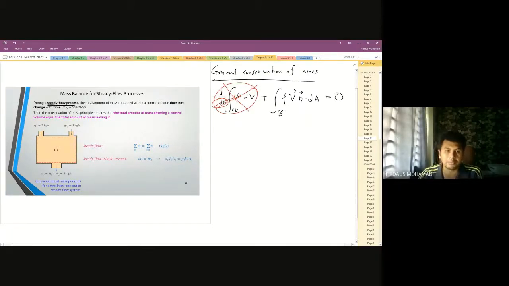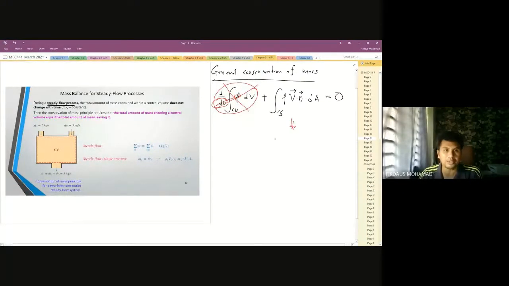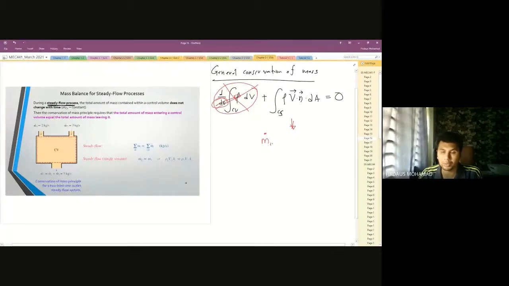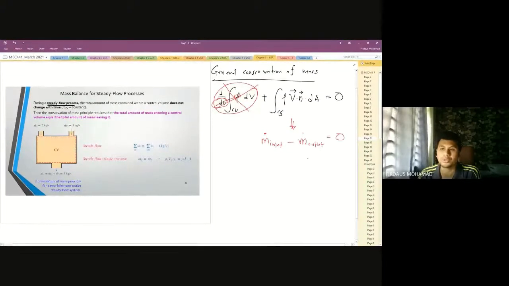So integrating, based on this second term, we can conclude that for the steady flow process, or steady flow device, rho Vn dA equals m dot. With the variation of area, for a nozzle from inlet to outlet, m dot inlet minus m dot outlet equals 0.